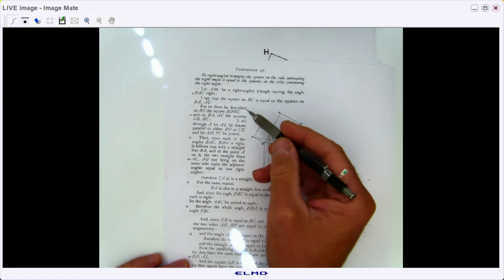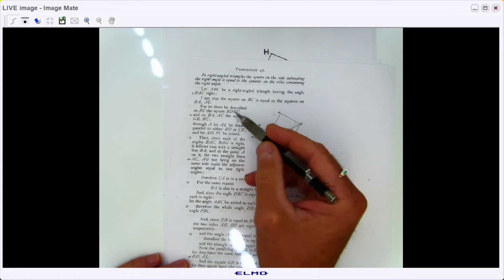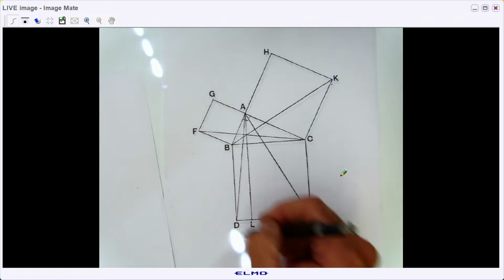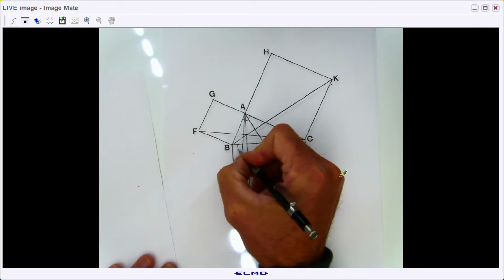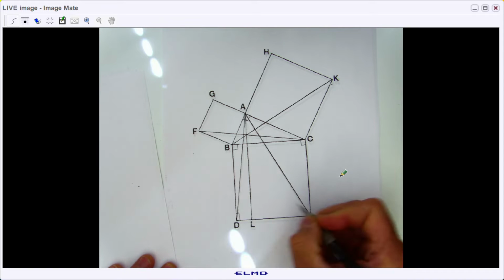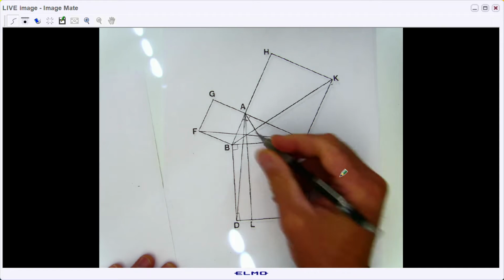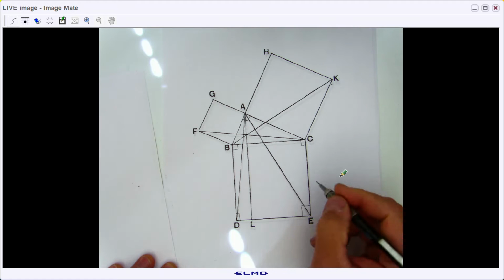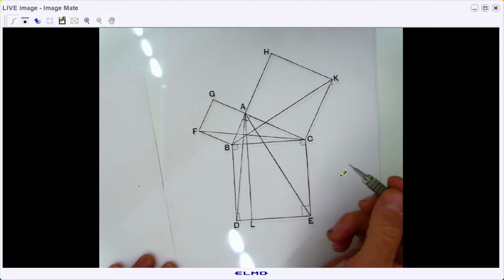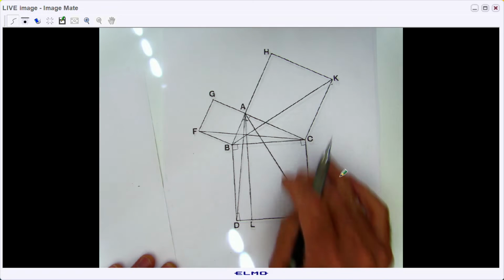For let there be described on BC the square DBEC. This thing is a square, so what we can assume is that these are all right angles, and that these lengths are all the same. I don't know if we want to put little lines through them or if that muddied the drawing, but I'll just assume that we know this is a square.